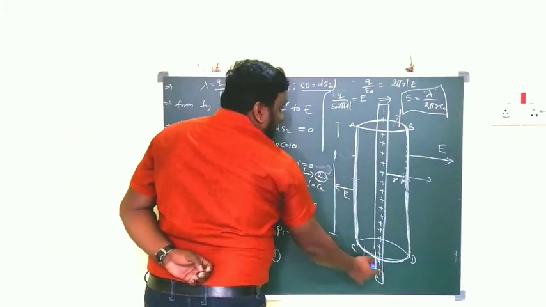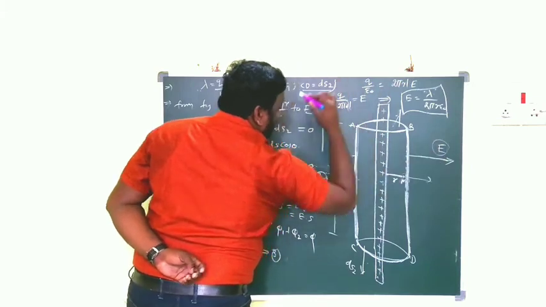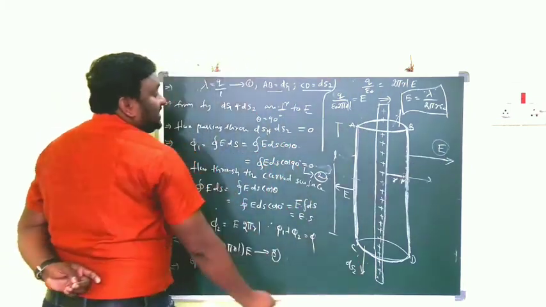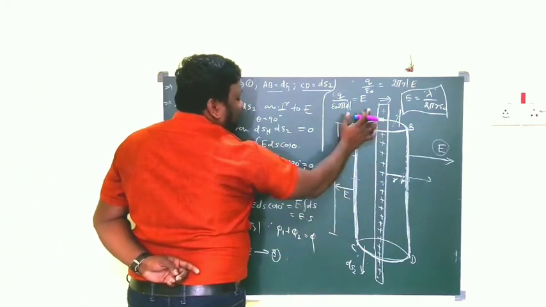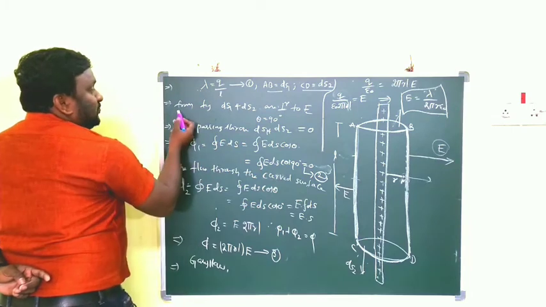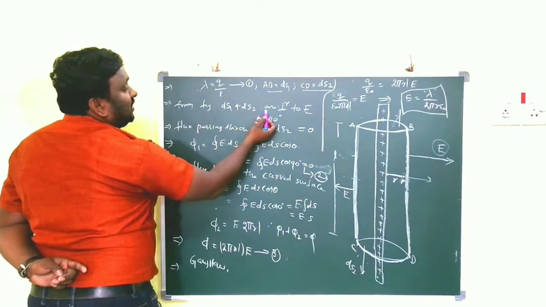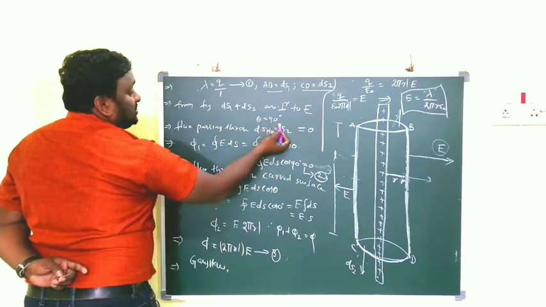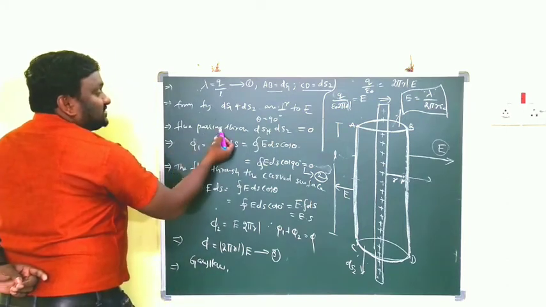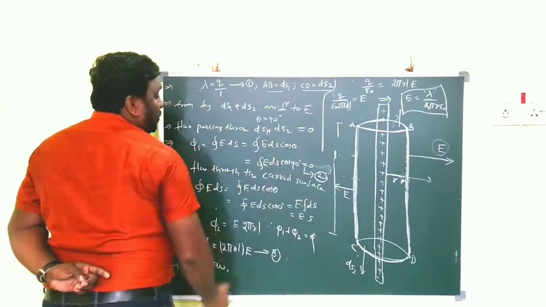These two are perpendicular to the electric field intensity, so there is no flux passing through AB and CD. From the figure, ds1 and ds2 are perpendicular to E, so theta is 90 degrees, and the flux passing through ds1 and ds2 is 0.